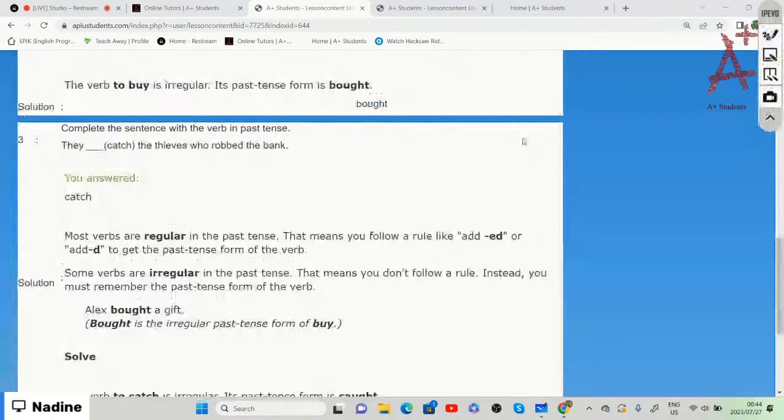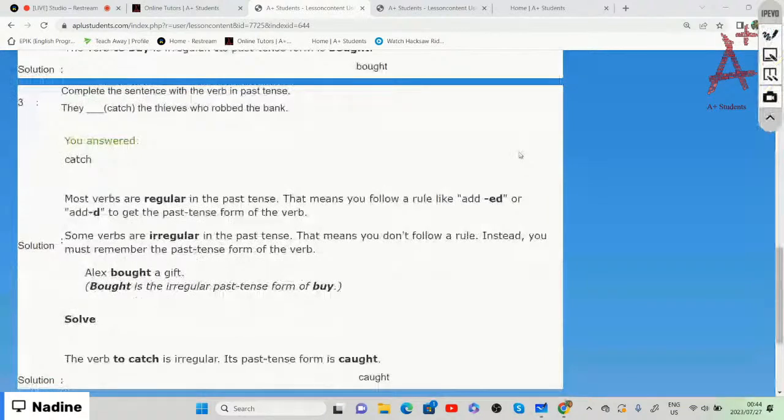They catch the thieves who robbed the bank. We need to choose the correct past tense form of catch. And remember, there's no specific rule. We're not adding ed, we're not adding d. You just need to know what the past tense form of the word catch is.